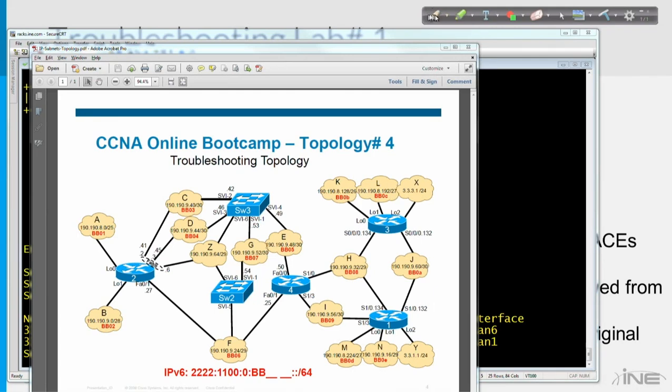OSPF would have to be active on this interface, right? OSPF would have to be active on SVI 5 because router 4 is also in VLAN 5. At least I assume it is. It's supposed to be. So let's see if OSPF is indeed active on interface VLAN 5.